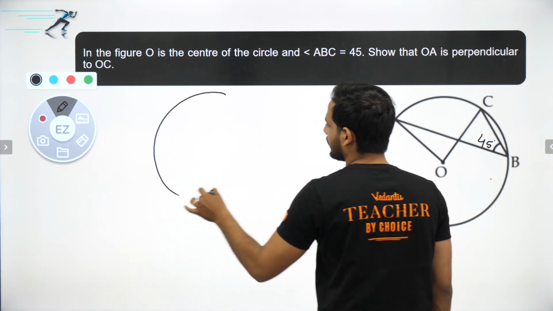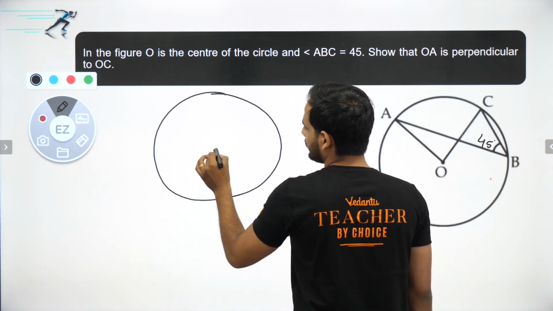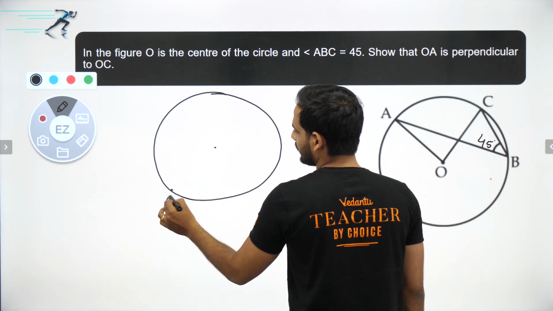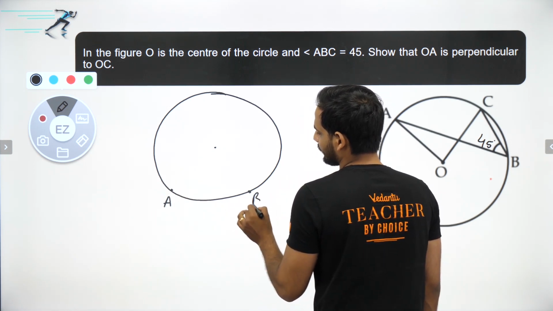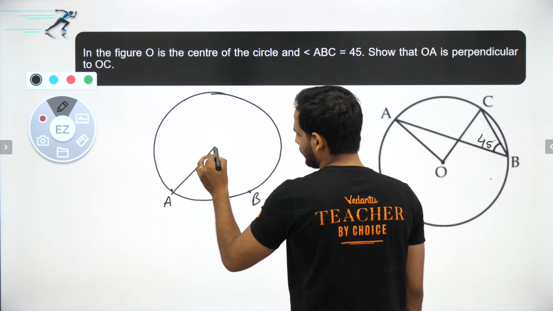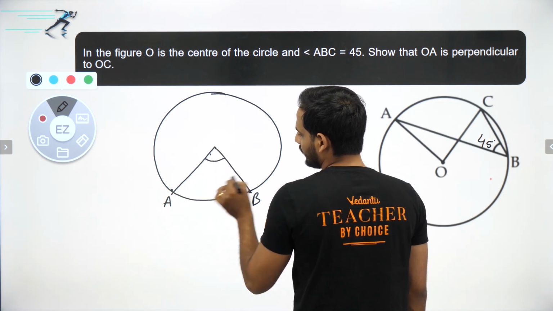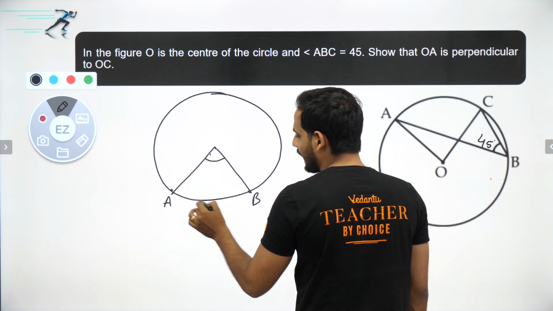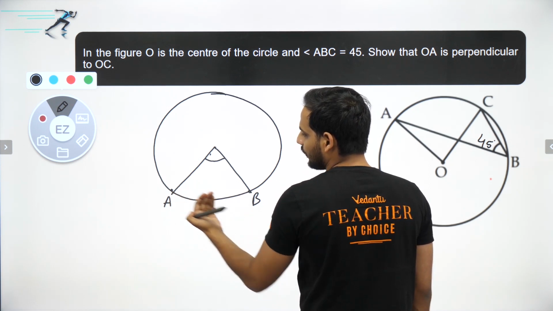Suppose you have a circle, and let's say that you have chosen an arc AB. So whatever angle this arc is making here at the center, now take this arc out.